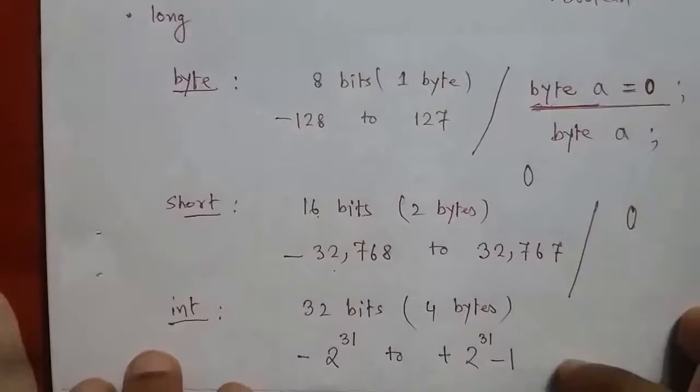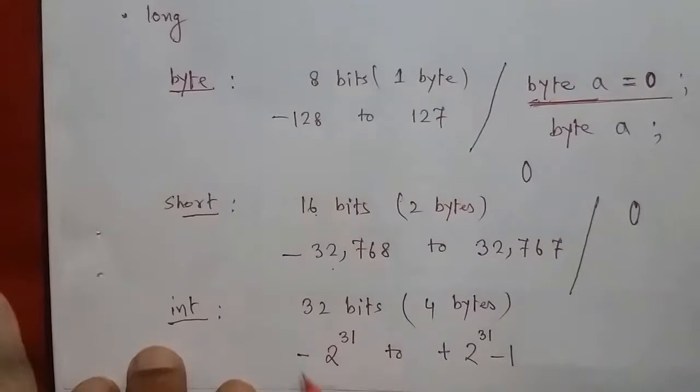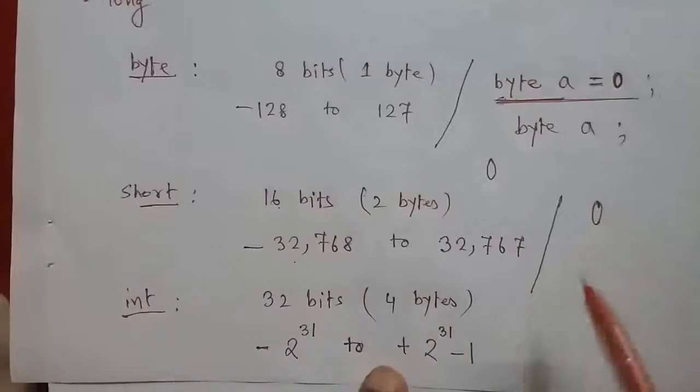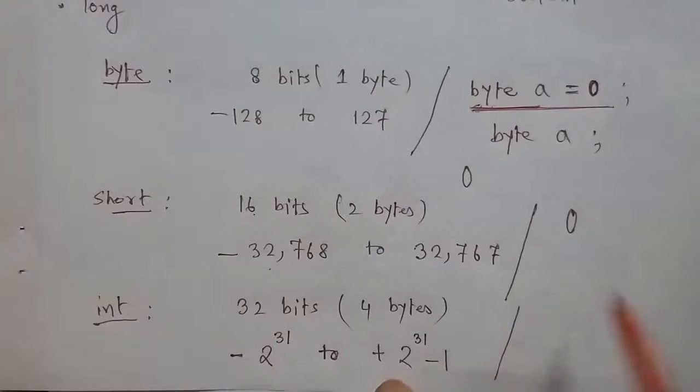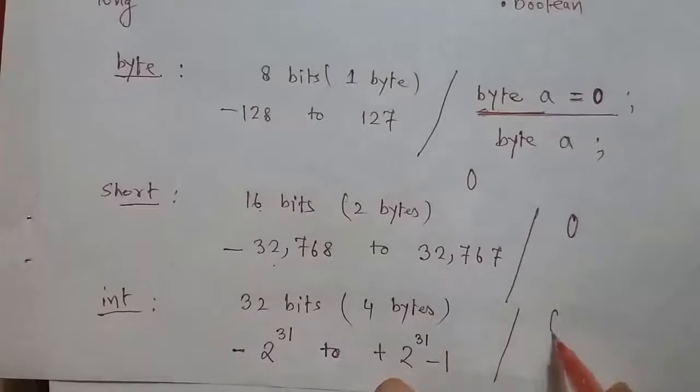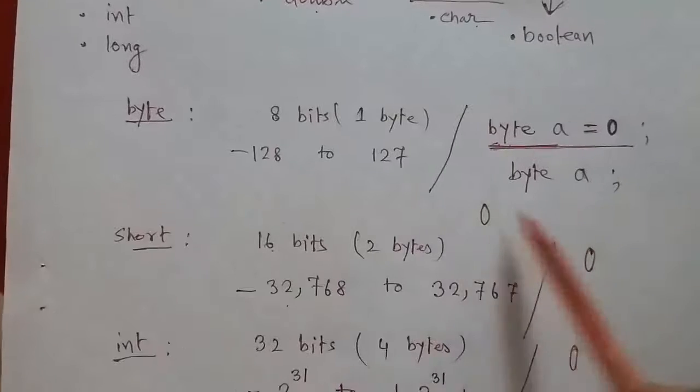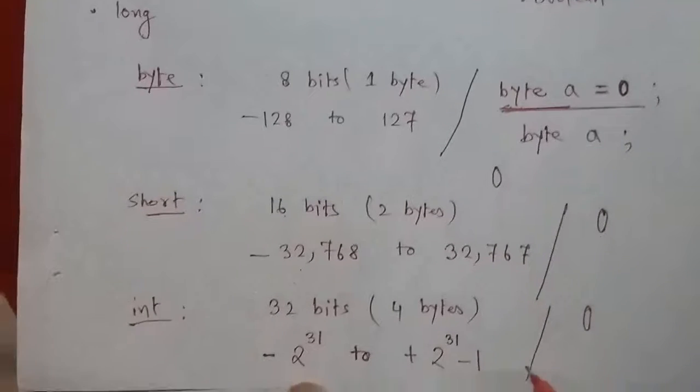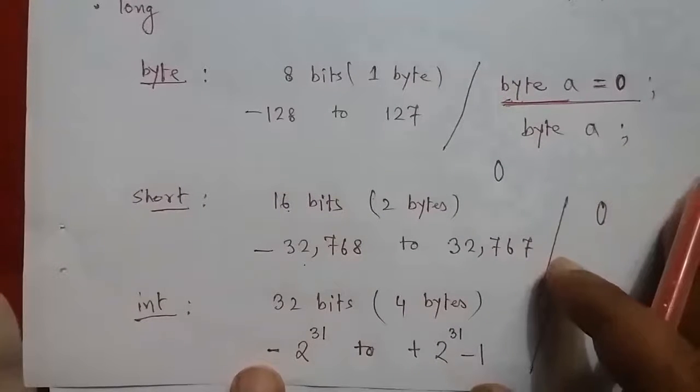How these powers come, I will discuss later. Here the default initial value, you must remember, is 0. So the default initial value for byte, short and int is all 0.